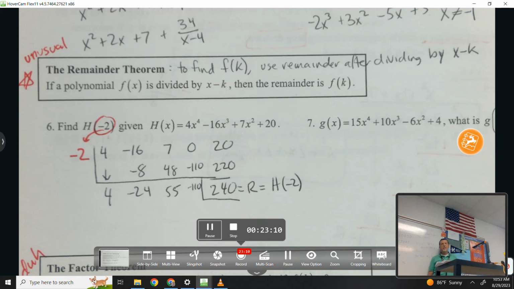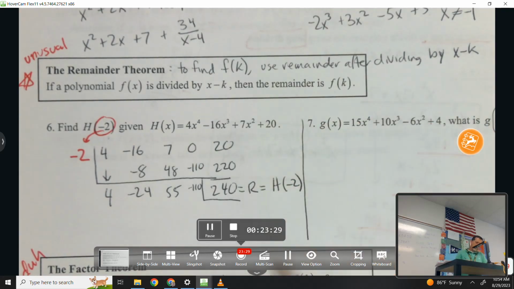And so a unique, different, weird way to evaluate a function, instead of plugging in 3 or negative 2, is to long divide, or well, probably synthetic divide, and use the remainder as the answer. Now, with negative 2, that wouldn't have been terrible to plug it in, but look at the next one.